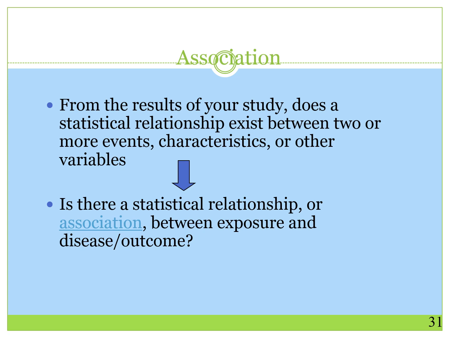From the result of your study, does a statistical relationship exist between two or more events, characteristics or other variables? There are lots of variables in your study. Is there any statistical relationship between the variables, between exposure and disease outcome?